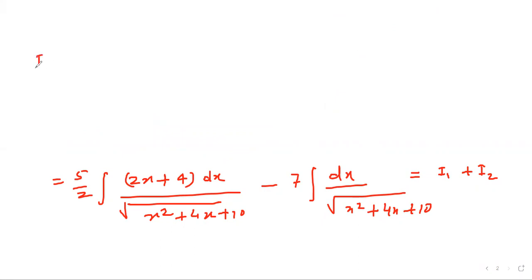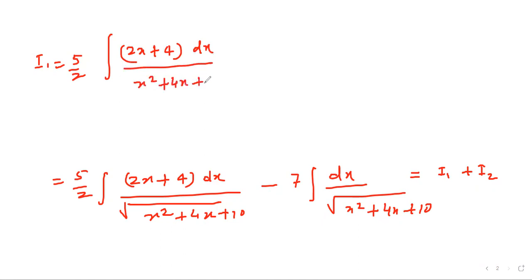I1 equal to 5 by 2 integration 2x plus 4 dx divided by x square plus 4x plus 10 under root. If we take this equal to t, so we will get 2x plus 4 dx equal to dt. So this will become 5 by 2 integration dt upon t power half.